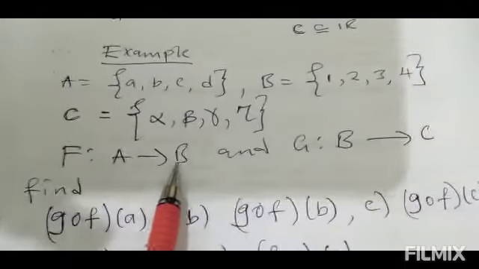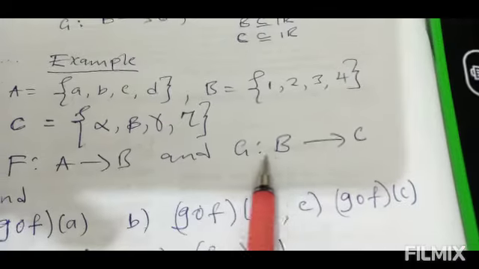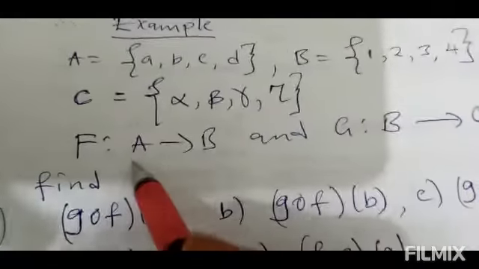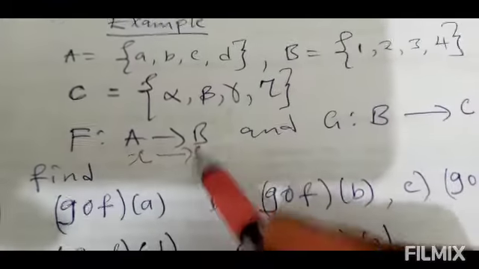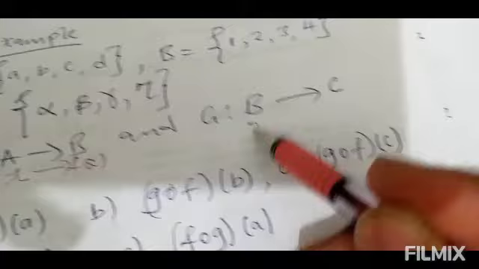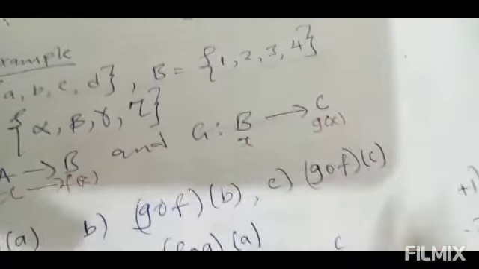So we have a function f defined from A to B and another function g from B to C, where we have x such that we have f of x here, and here also we have g of f of x.